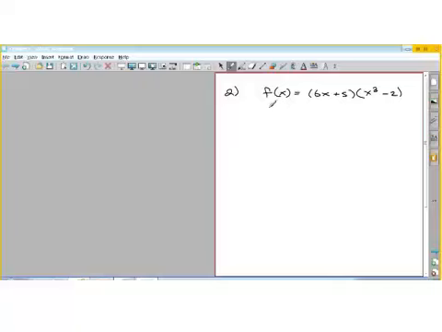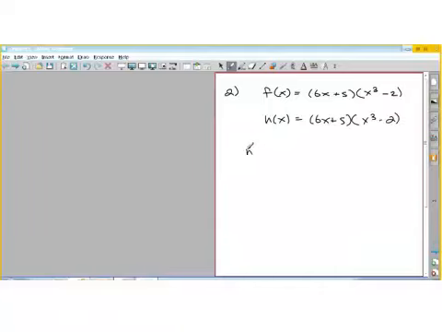And one thing I tend to do is, if I have a product, and because we use f of x and g of x in the usual product rule definition, I'm just going to change the name of the function, because we can call it whatever we want to. And the reason I do that is so that I can be consistent about the result.